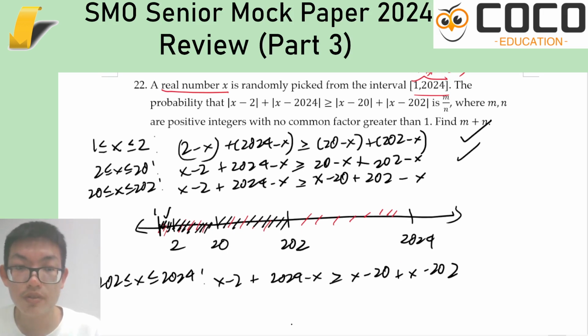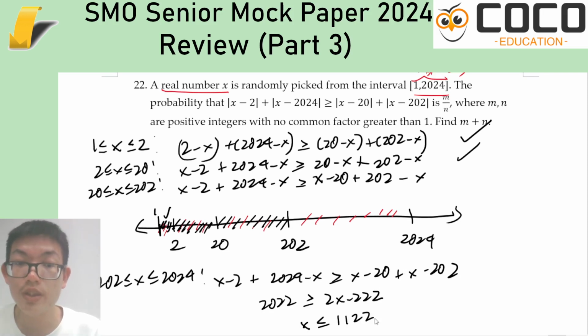If you solve this, finally you have something to do. You end up with x is less than or equals to 1122. And if x is less than or equals to 1122, then it means that everything up to 1122 actually works.